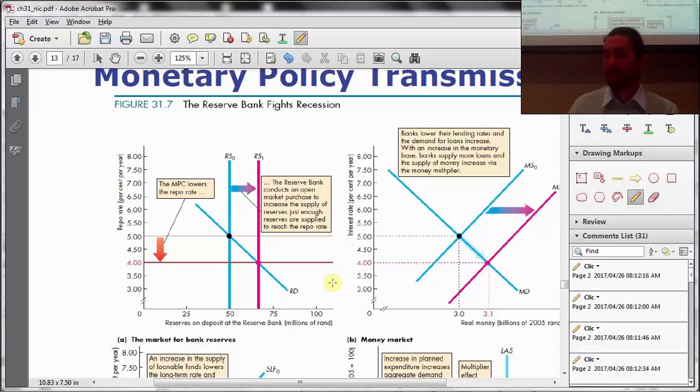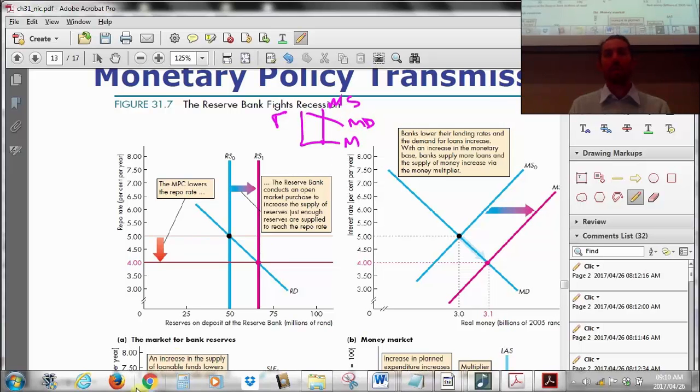The idea here, in terms of the textbook, is that it separates the market in which commercial banks borrow from the Reserve Bank from the money market. The way that we usually summarize these two diagrams is just to say that the money market has a vertical money supply and downward sloping money demand.